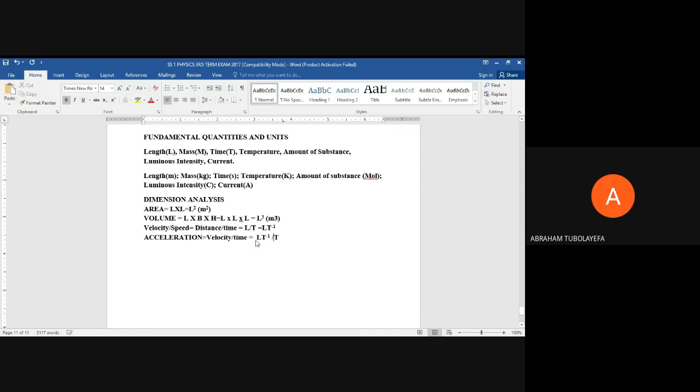That divided by T, so at the end, what would that give us? L T raised to the power of minus 2. That's the dimension for acceleration. While the unit of length is meter and time is seconds, so that will be meter per second square.